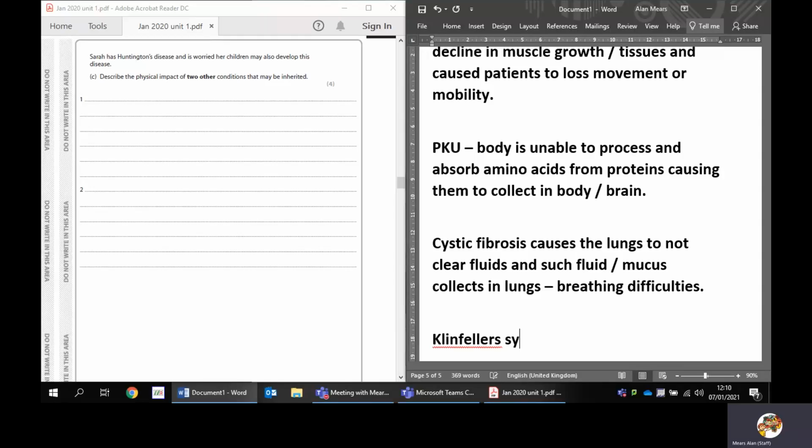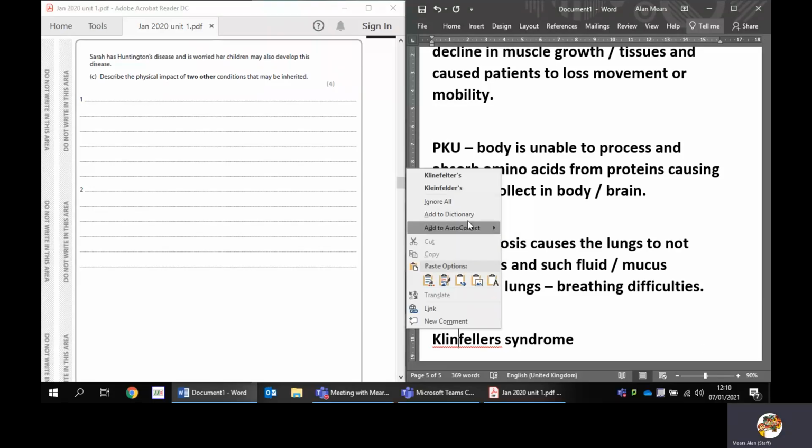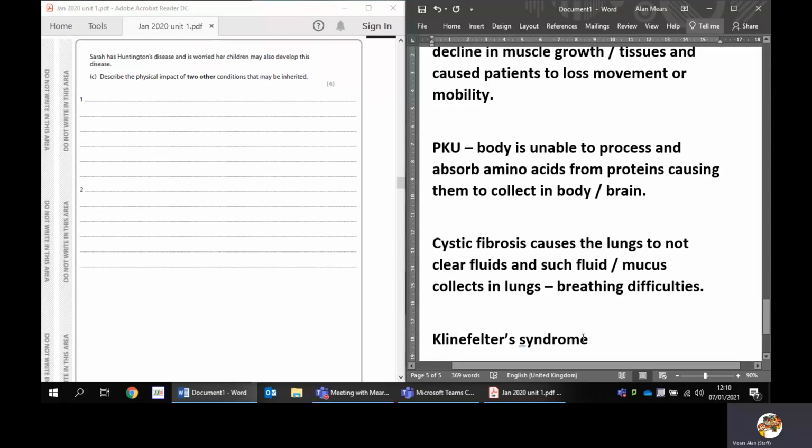There are others, like Klinefelter's syndrome. Again, spelling, I would have to, oh, there we go, Klinefelter's syndrome.